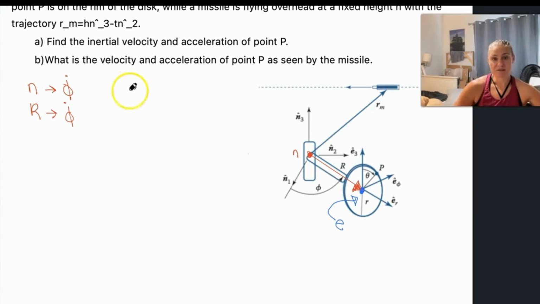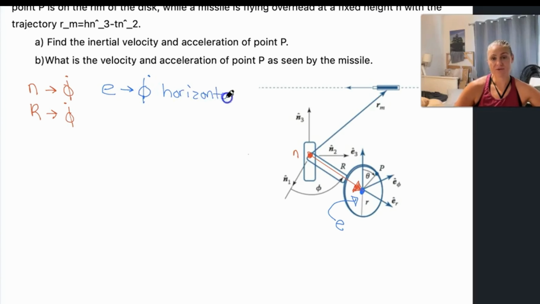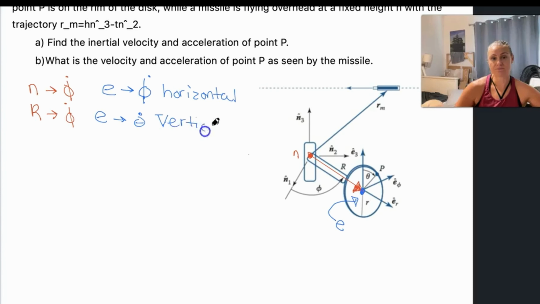This is interesting because our E reference frame also rotates in the horizontal at a rate of phi dot, but it is going to rotate in the vertical at a rate of theta dot.